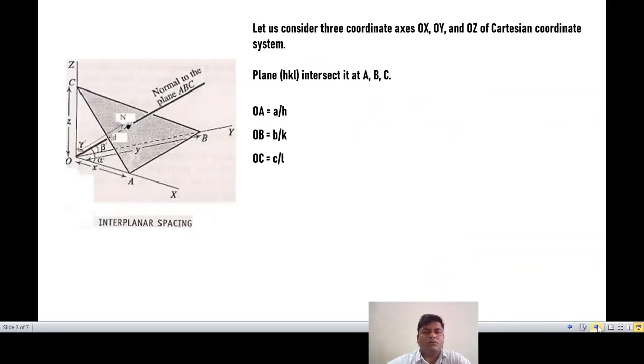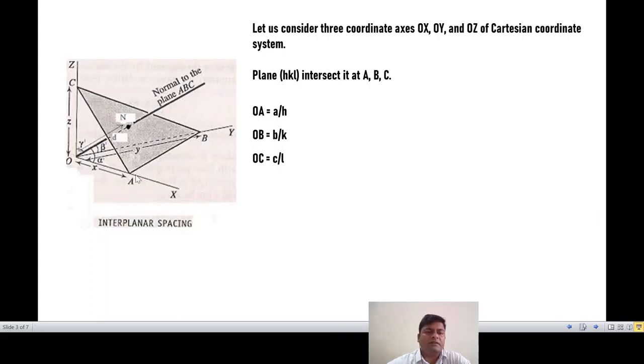In order to do that, we have to consider the three coordinate axes as shown in this figure: OX, OY, and OZ in the Cartesian coordinate system. Then this is the HKL plane, as shown by the triangle.